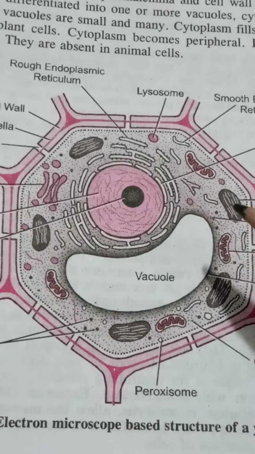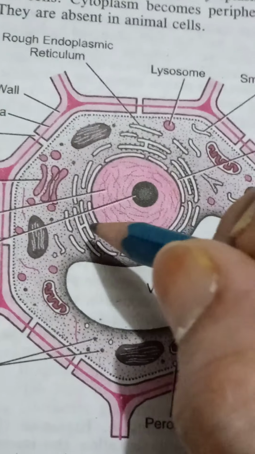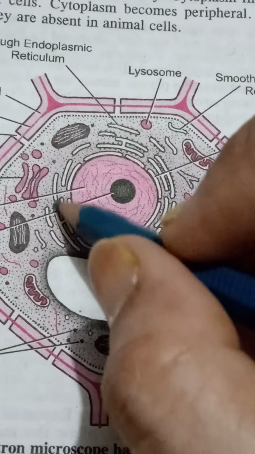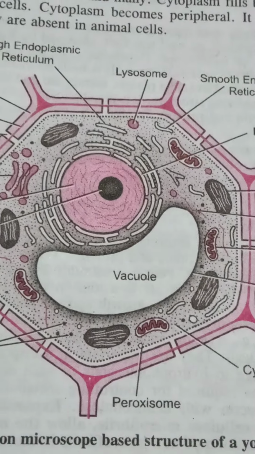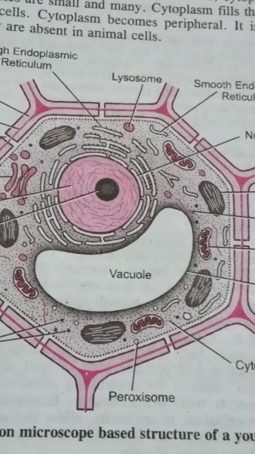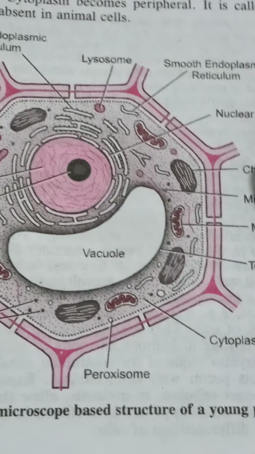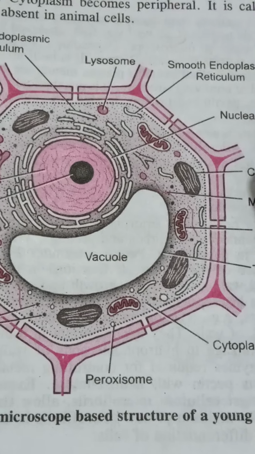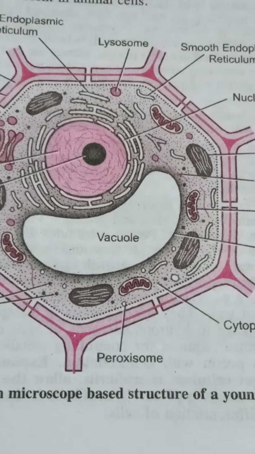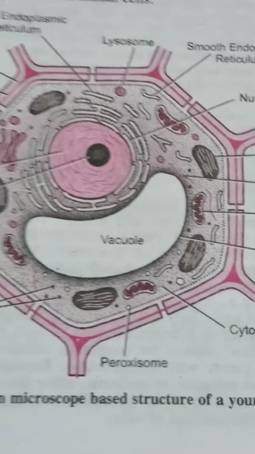First of all, let's discuss the endoplasmic reticulum. In this structure you can see these lines, which are the endoplasmic reticulum. They are also called the skeleton of the cell. It was first discovered by Porter and Thomson, but the name endoplasmic reticulum was given by Porter in the year 1953. Now, what is actually the endoplasmic reticulum?